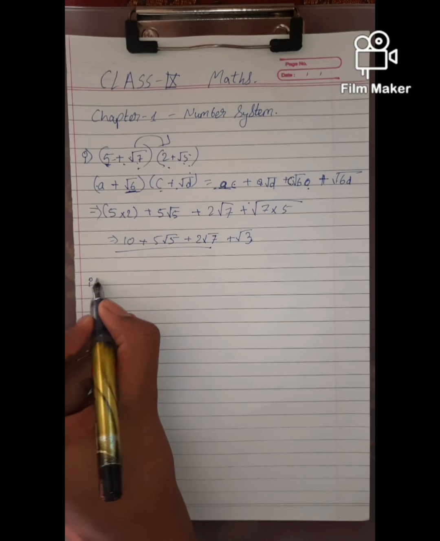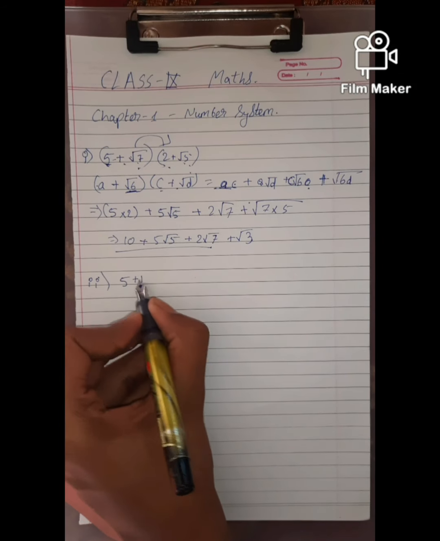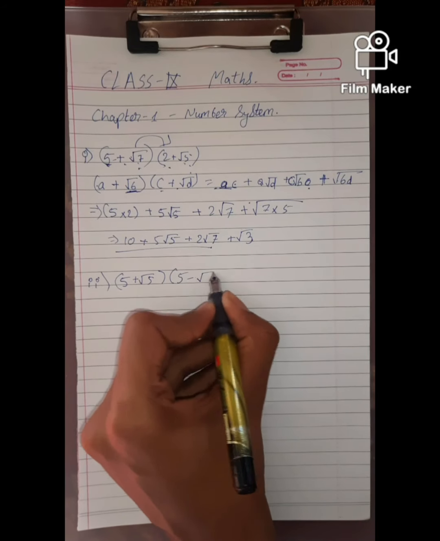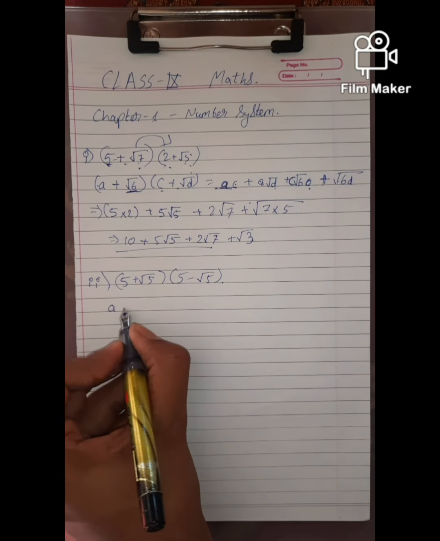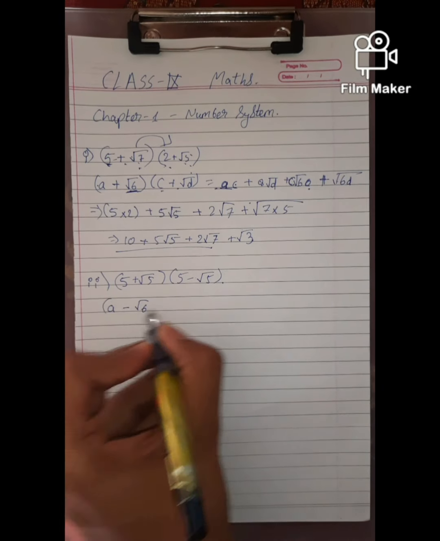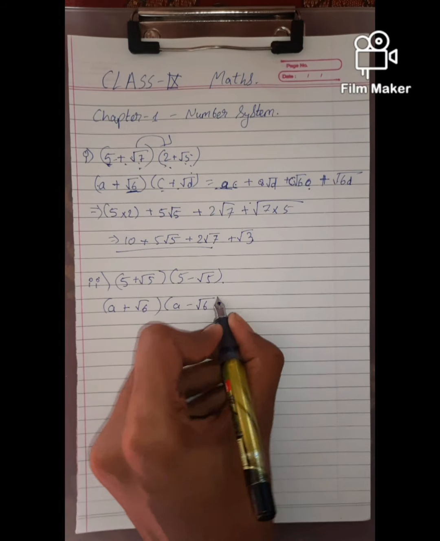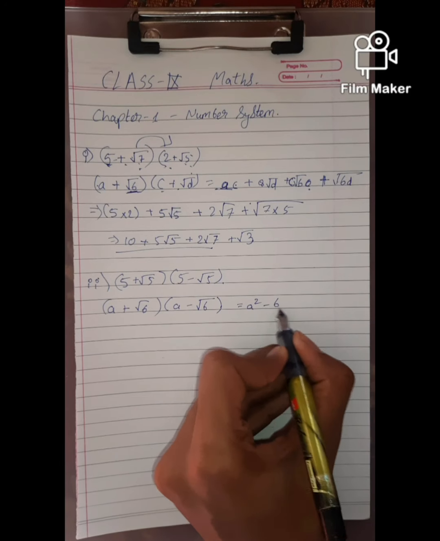Now let's take another example, which is (5 + √5) multiplied with (5 − √5). As you can see, this is the same as (a + √b)(a − √b). As you all know, we know the value of this, which is a² − b.